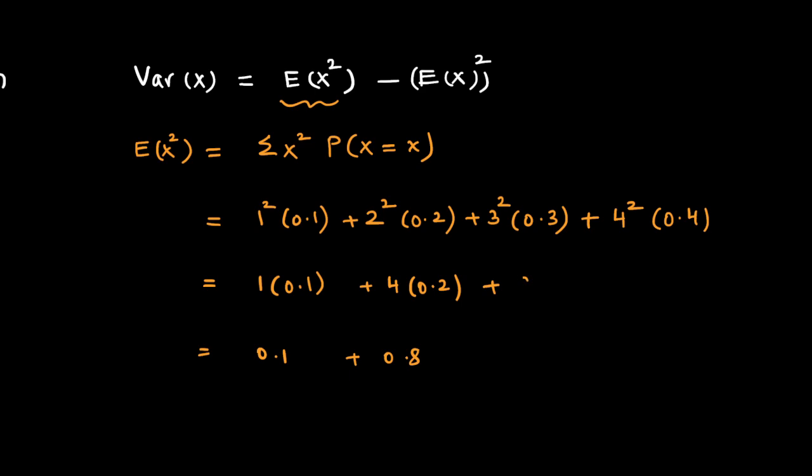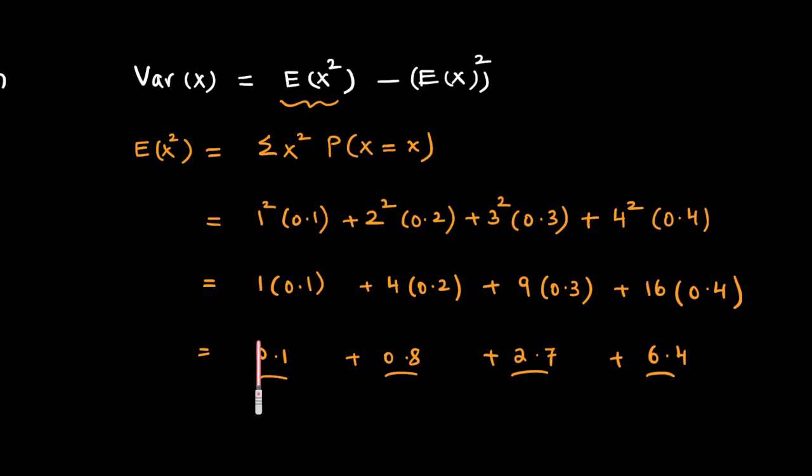This is 3 square, which is 9 into 0.3, which is 2.7. And 4 square is 16 into 0.4, which comes out to be 6.4. Adding all these up, we are getting 6.5 from here, and this is 3.5. That adds up to 10. So expectation of x square is coming out to be 10.